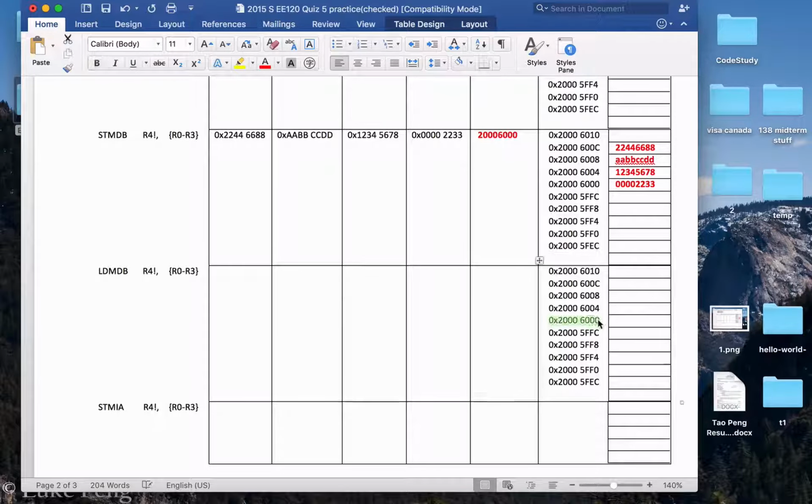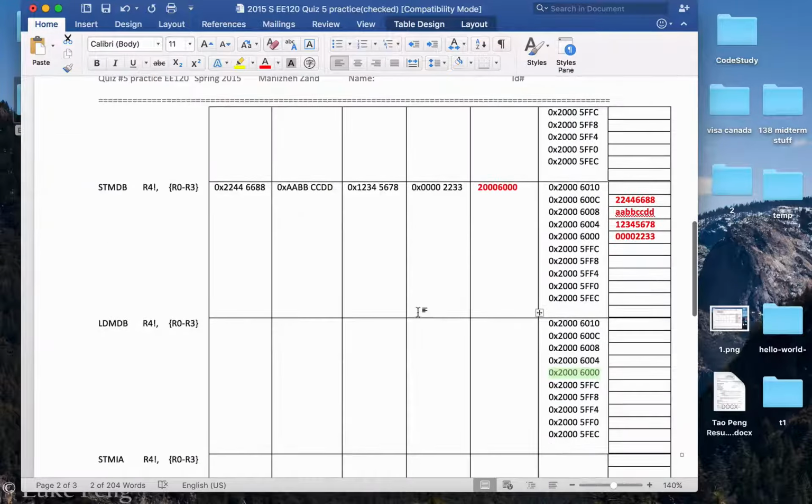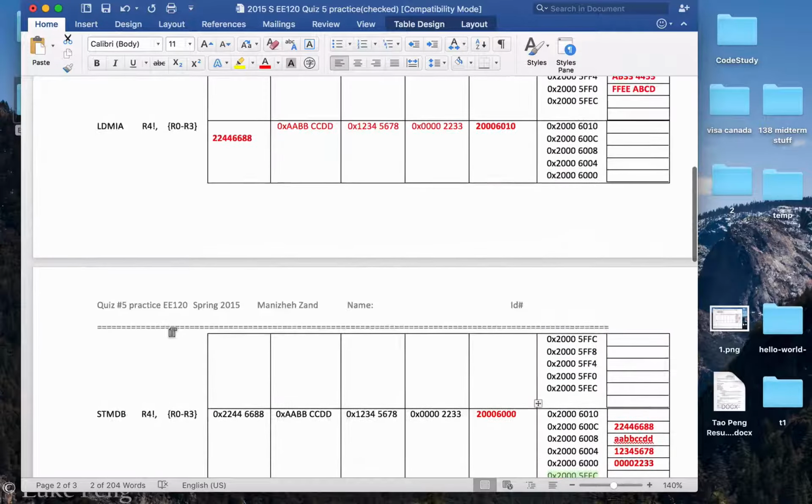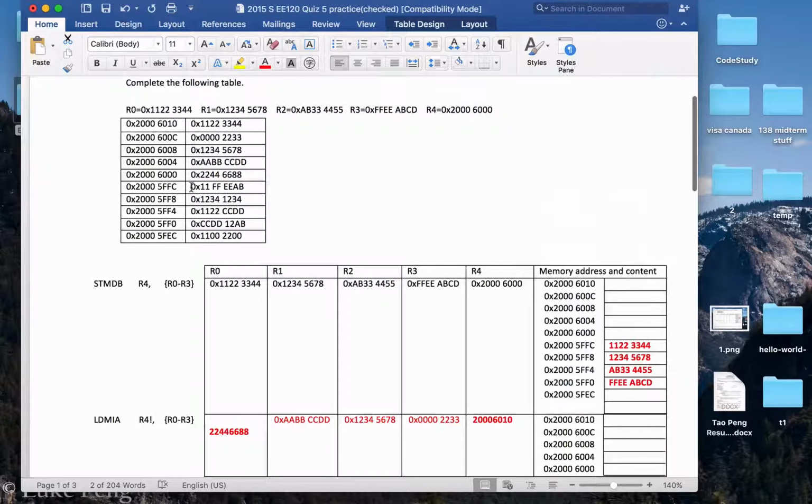I start here, which I cannot use because this one is the current, the newest data in the memory. So I decrease first. I decrease here, go to FC, and read whatever is in FC into my R0. So this FC, FC is this guy.